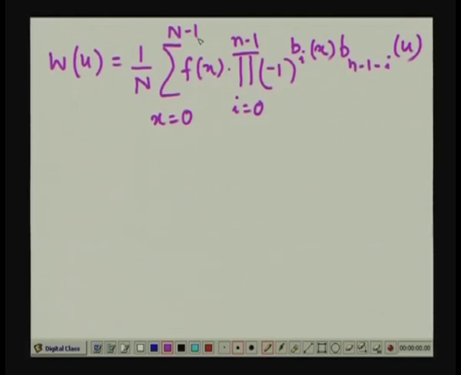The inverse transformation kernel in case of this discrete Walsh transformation is identical with the forward transformation kernel.